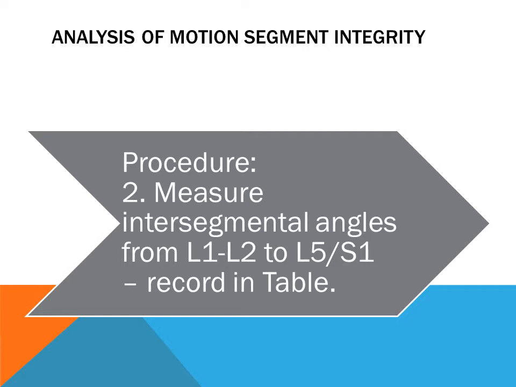It gives you your starting point from which you can see how the spine is moving from your baseline values as the spine goes into either flexion or extension. So it allows you to get a starting point of each of the intersegmental angles. And I'll elaborate on that a little bit more.